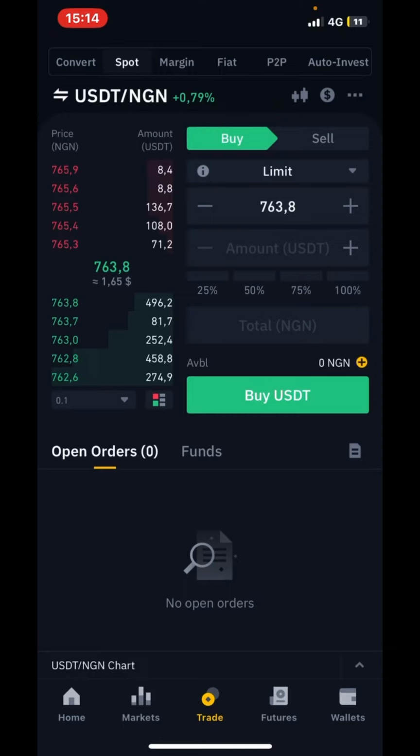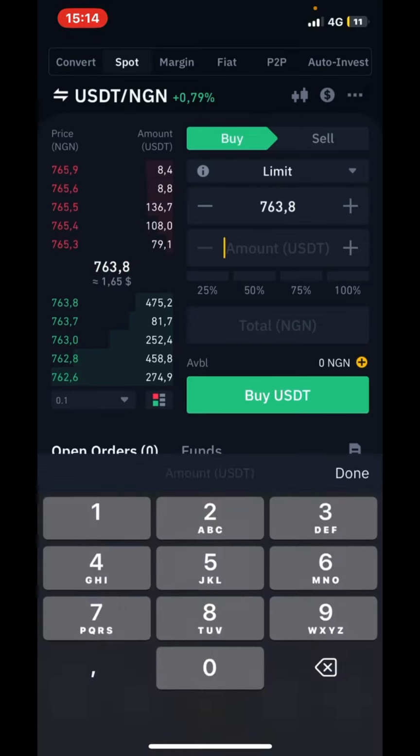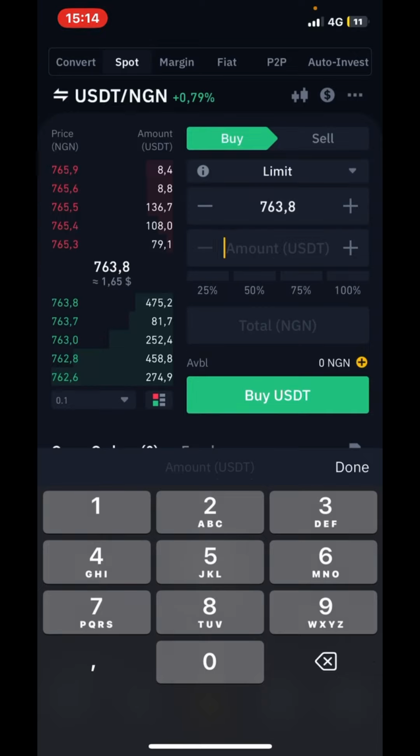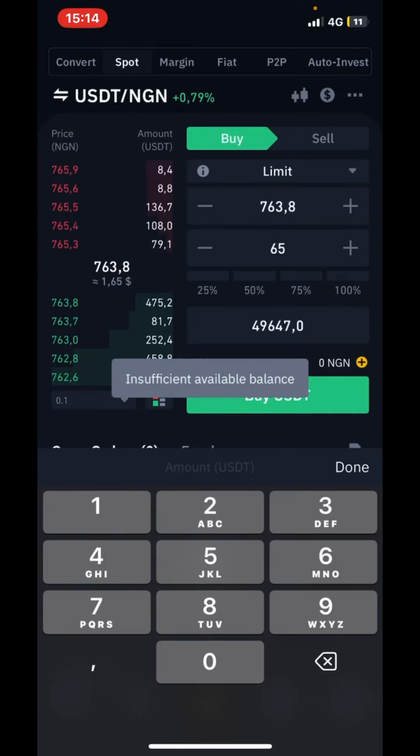So if you buy 500 worth at this rate, you're going to receive maybe 655 USD, 656, 654, let's say 655.